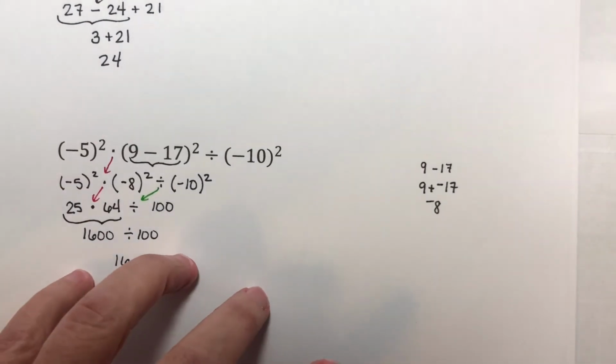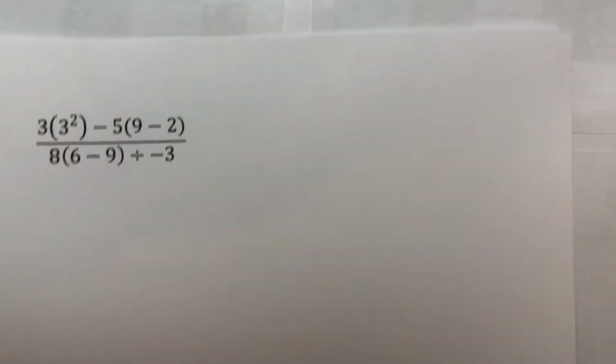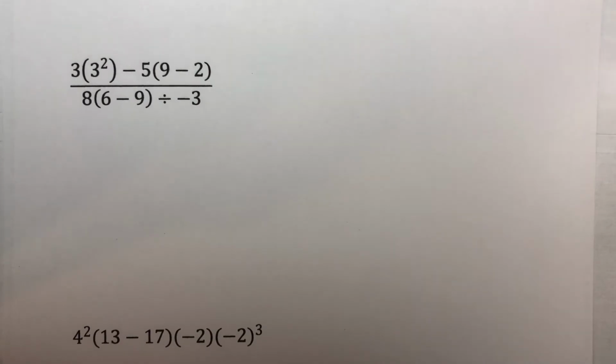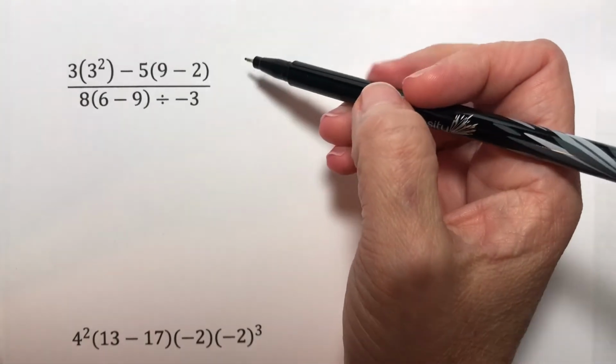Okay, so let's look at some much more involved problems. All right, so this is a giant fraction looking thing that mixes everything together. It looks ugly. It's not really so bad, but you still have to be very careful with it.